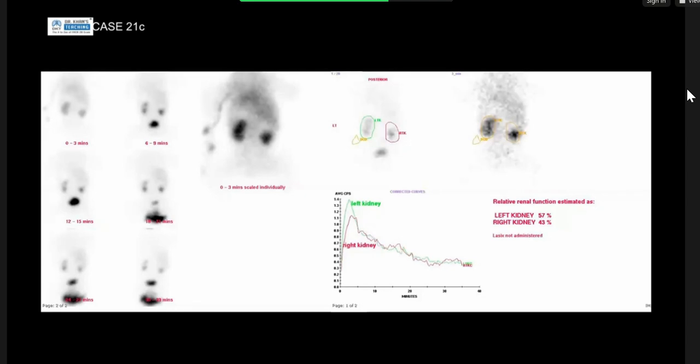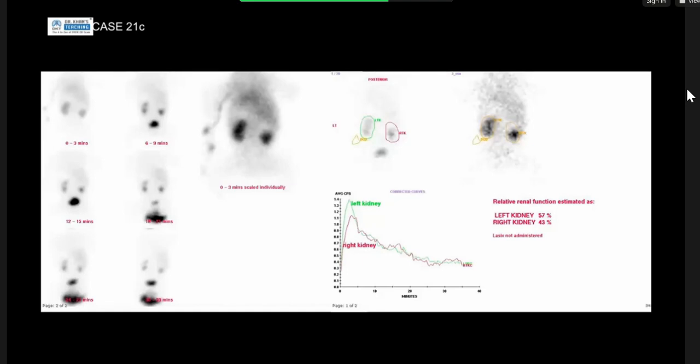Yeah, sure. So I'm provided serial images of the MAG3 study, that is renal function. So first of all, I appreciate that there's a normally functioning left kidney with a rapid rise of the uptake, suggestive of good perfusion, and then excretion that is also rapid.